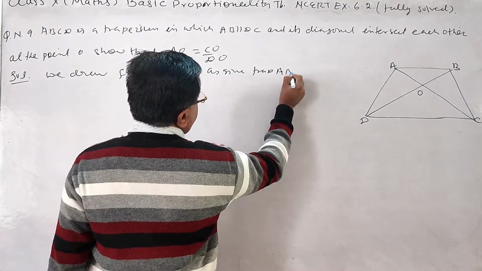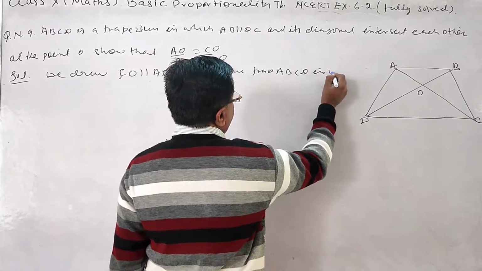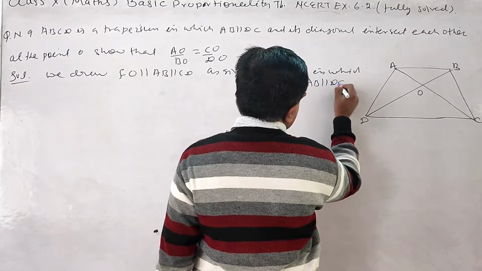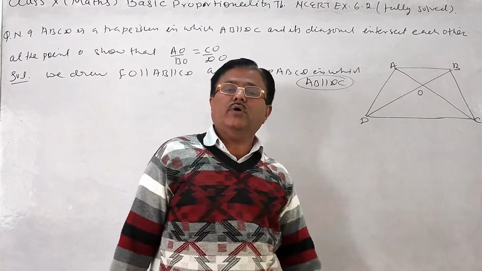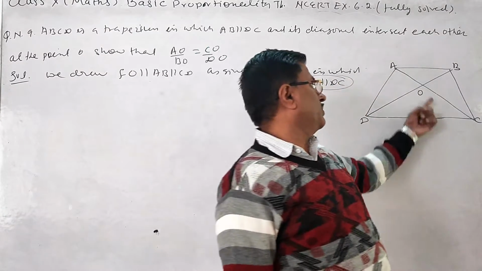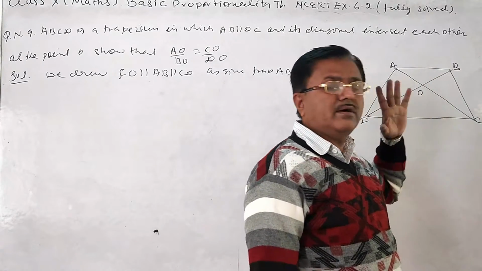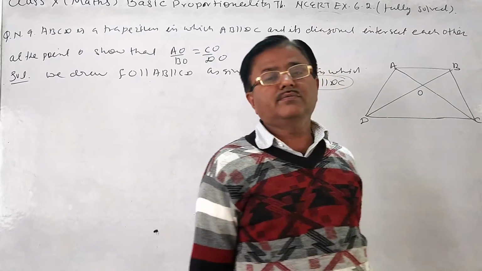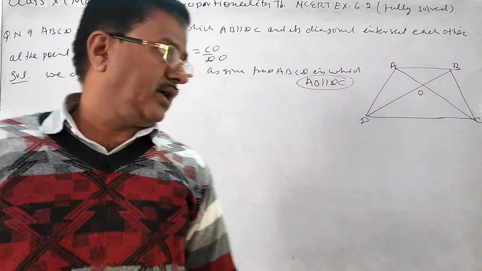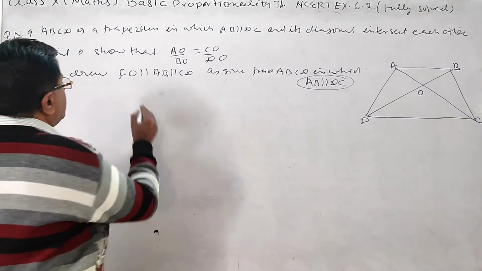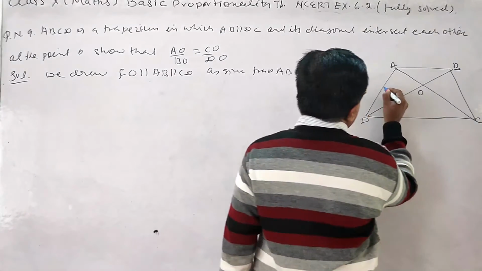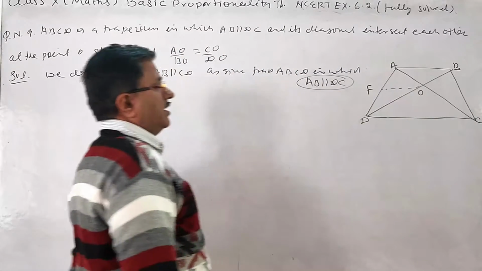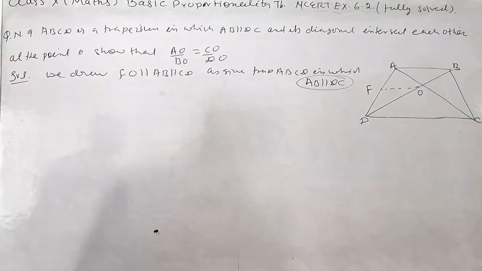Trapezium ABCD in which AB is parallel to CD. What is the meaning of a trapezium? It is a quadrilateral in which one pair of opposite sides is parallel. So here we are supposing AB is parallel to CD. Correct? So now we are drawing a line FO which is parallel to AB as well as CD.